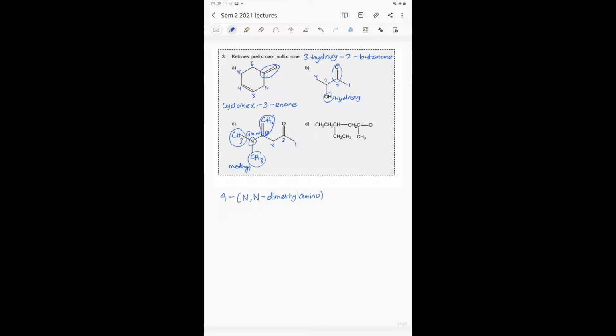And then how many carbons do we have? 1, 2, 3, 4, and actually 5. We have 5 carbons, so pent. Then we state the position of the double bond, 4-en, and then the position of the ketone, 2-one.